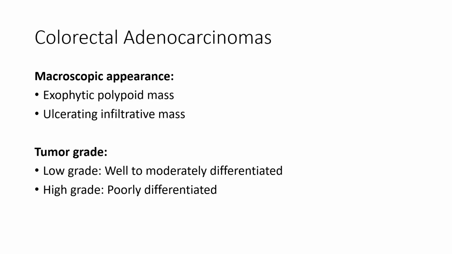Carcinomas are also graded. They can be low grade, which means that the tumor is well to moderately differentiated and consists of infiltrative glands, or the tumor can be high grade, which means that it is poorly differentiated and consists predominantly of solid sheets and single cells.